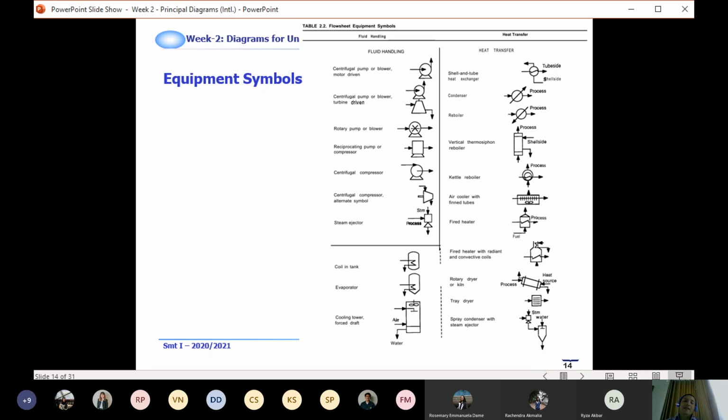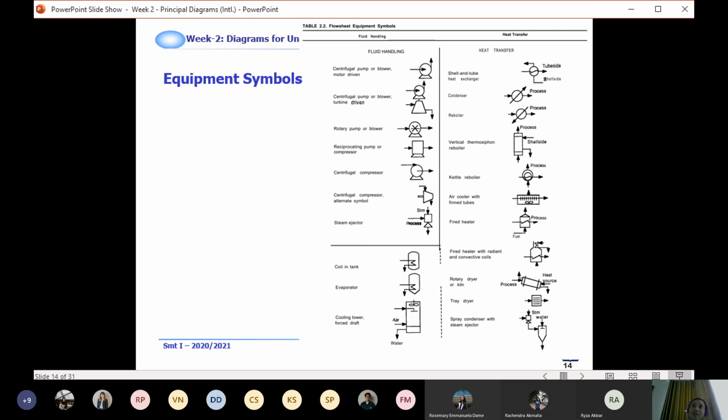Now first I will go to the equipment symbols. You can find the symbols on the internet, for example. I believe that on the internet you will find a lot of information about the symbols of equipment.